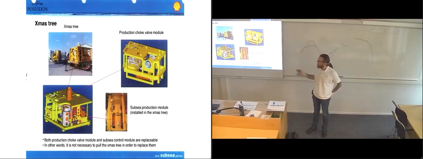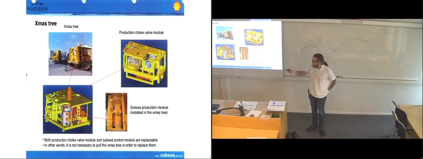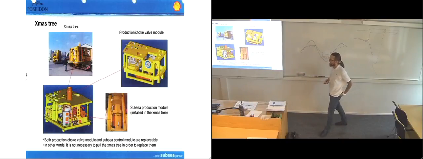There we see the Christmas trees. So they're really huge. You can see the guy here on the side. So that's the entire part here. This is just the choke valve, which is placed behind there. And then it's the production module, the control module parts, which is in there, in that sort of tube.